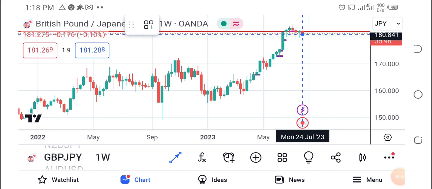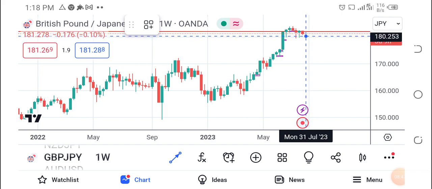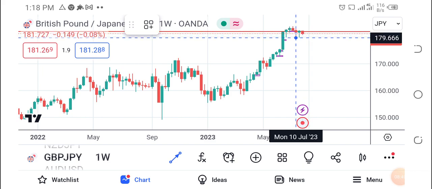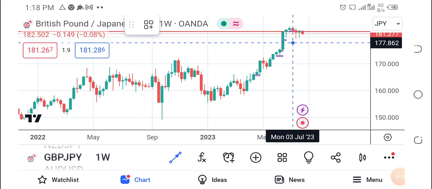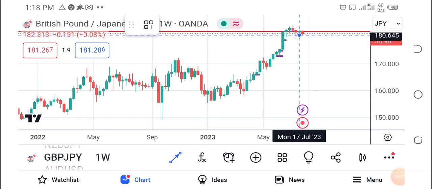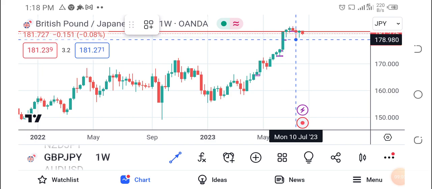You can see at this point, yes, this is actually the lowest point that the price reached. So until price breaks this level completely and then retests, we are not going to take an aggressive sell. I don't know whether you understand that. Yes, we are not going to take an aggressive sell.